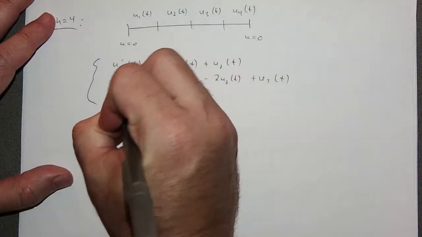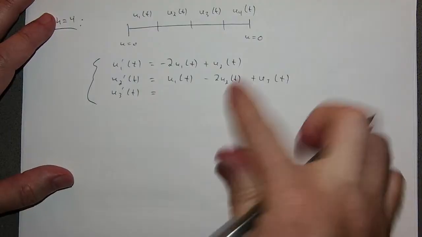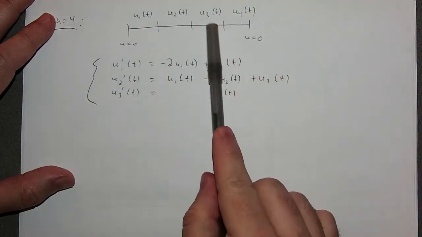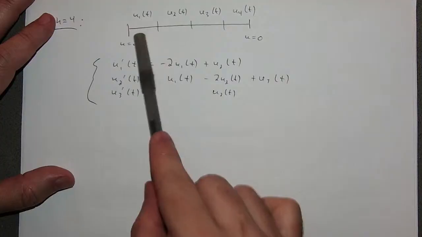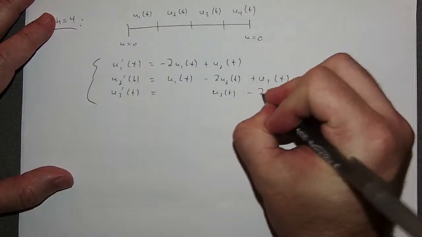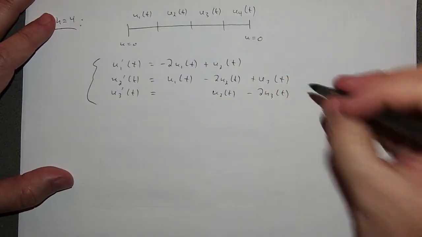Here, u3 prime of t. Region 3 doesn't touch region 1, so I don't have to worry about region 1 here. That's the interpretation. So this would be u2 of t minus 2 u3 of t plus u4 of t.